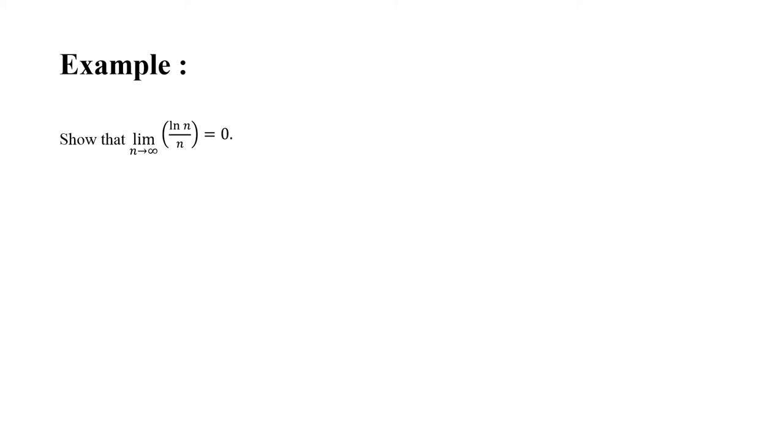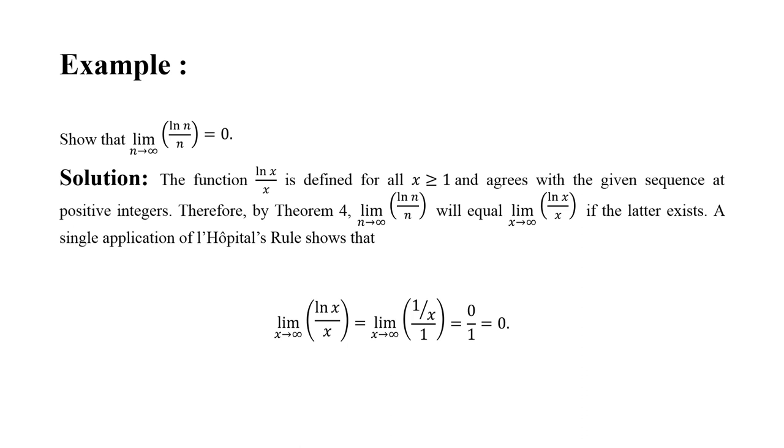Okay, next, show that the limit of natural log of n divided by n is 0 as n approaches infinity. The function ln x over x is defined for all x greater or equal to 1 and agrees with the given sequence at positive integers. So according to theorem 4, the limit of ln n over n as n approaches infinity must be equal to the limit of ln x over x as x approaches infinity, if this exists.